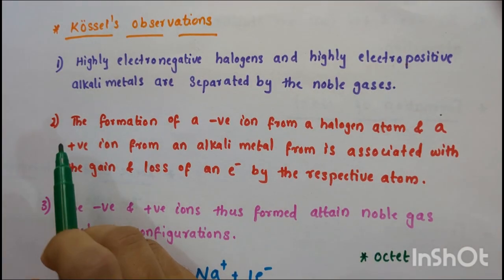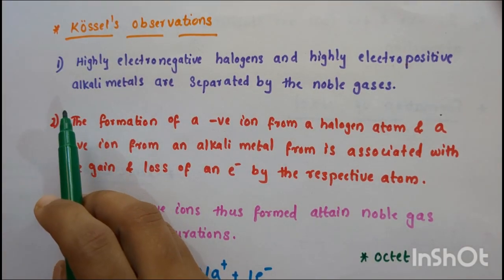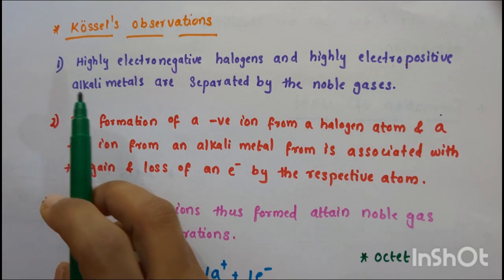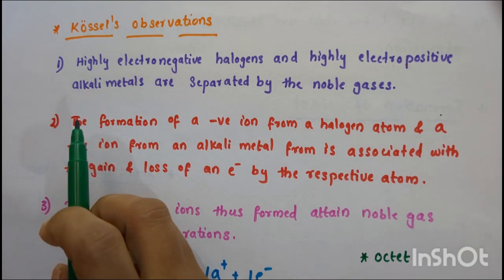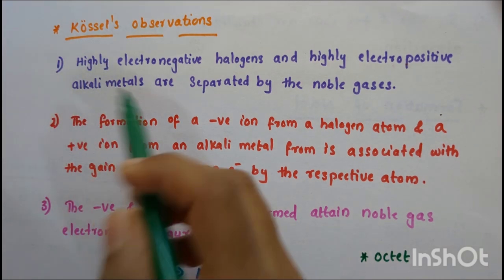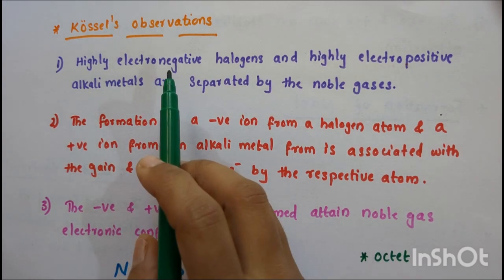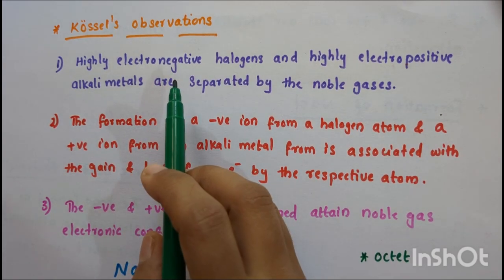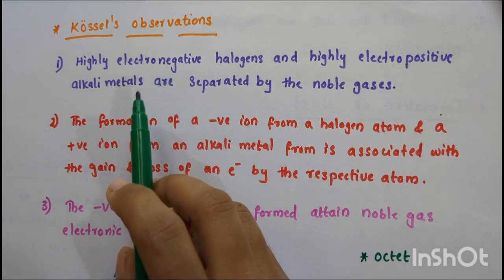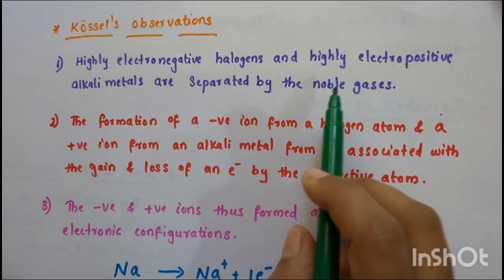Now let us see the Kossel's observations. It actually highlighted the key aspects of chemical bonding. In the periodic table, the highly electronegative halogens and highly positive alkali metals, they are separated by the noble gases.